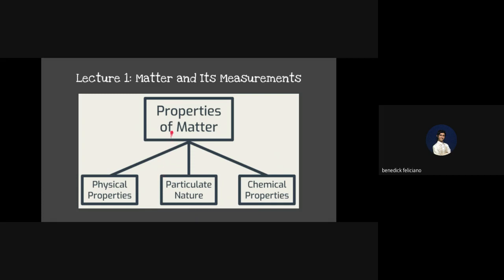So, why am I tackling the properties of matter? Because we are measuring these properties of matter. It is the very basic of measurements. Measurement properties of matter are physical quantities that can be measured.